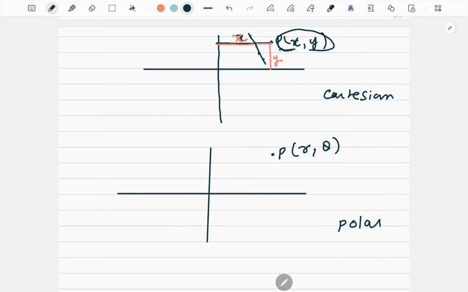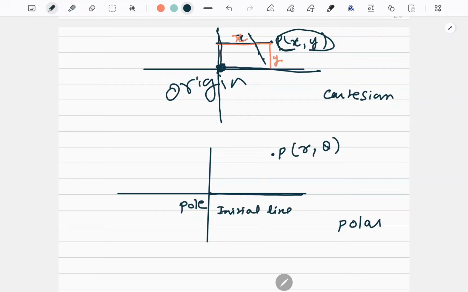Now what is this r? This point here is called the origin, everyone knows this, but when I talk about polar, it is called the pole. Here this line is called the initial line.